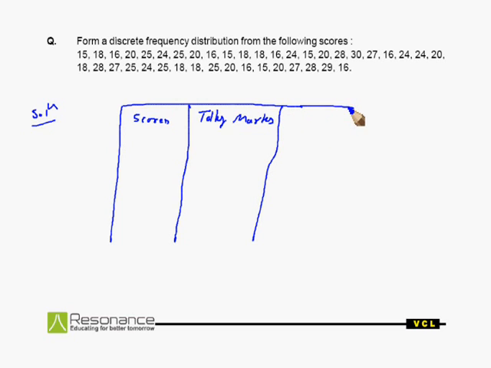And in the last column we write the frequency. Frequency means the number of times an observation occurs. That is, if 5 occurs 3 times, then the frequency of 5 is 3. Frequency means how many times a particular observation occurs.